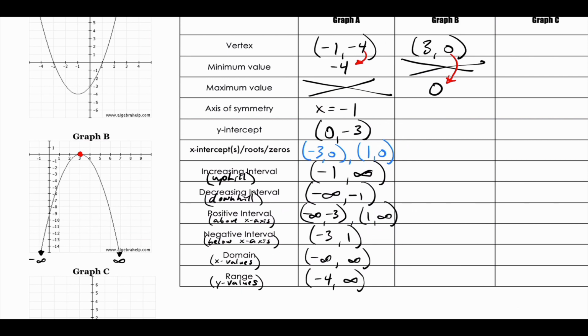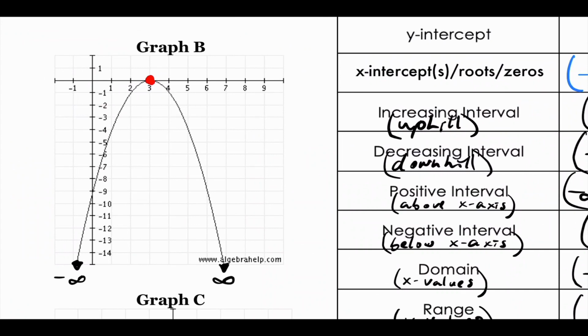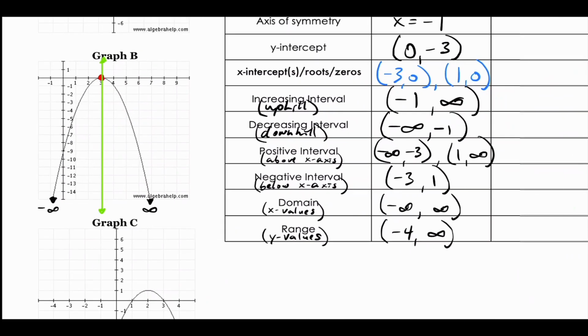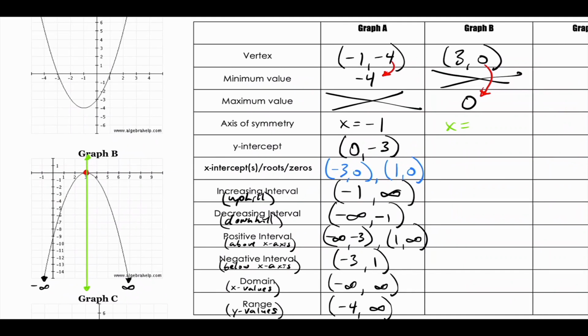Where's the green line that cuts in half? It's going to be a +3. So X equals 3.